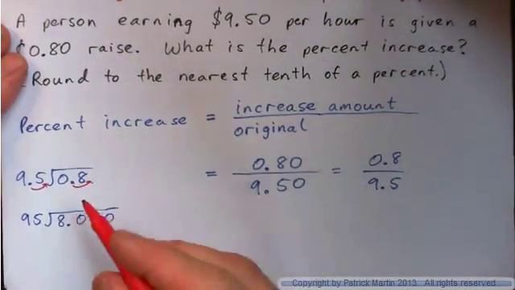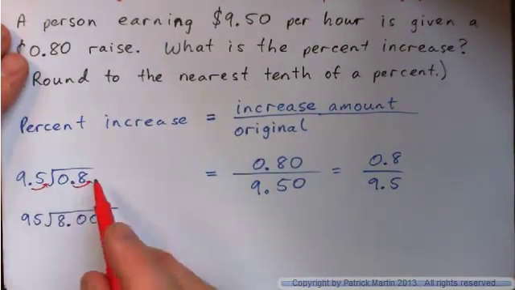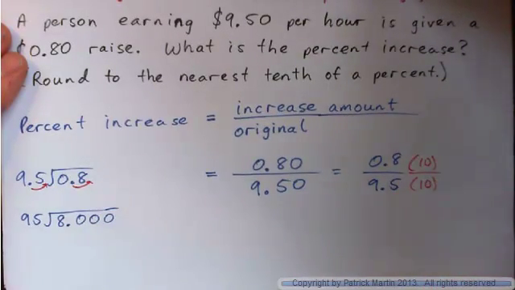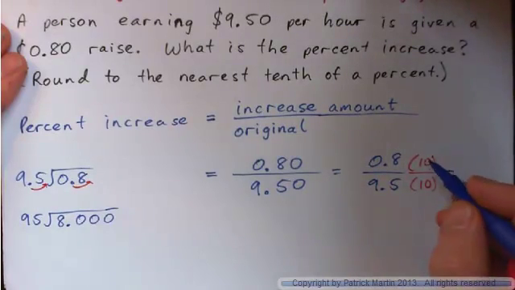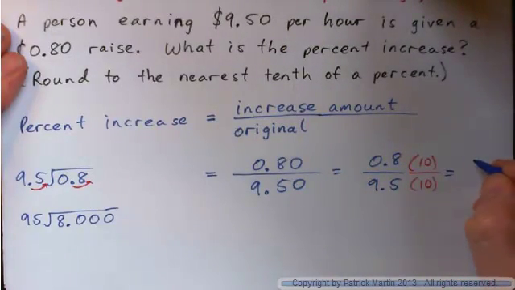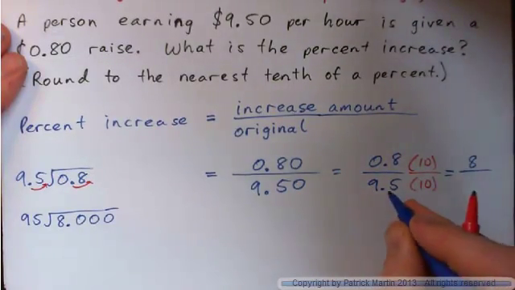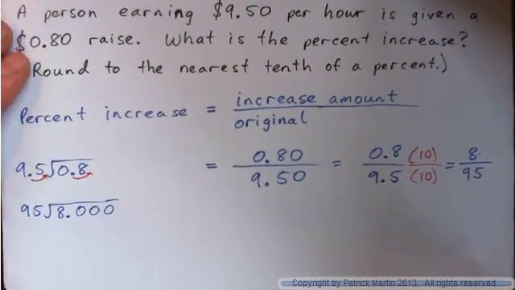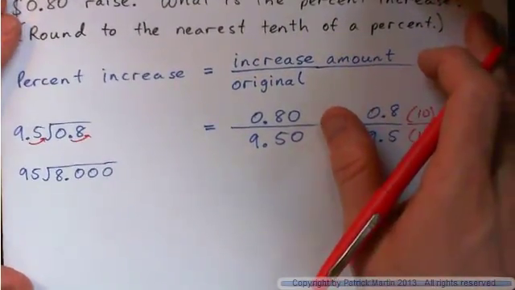That is the same thing as taking this fraction and multiplying it by 10 over 10. 0.8 times 10 is 8, isn't it? 9.5 times 10 is 95. So we have 95 into 8. Same thing, right? Anyway, just a reminder. So we've got to do the long division.